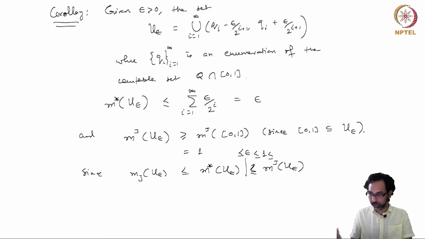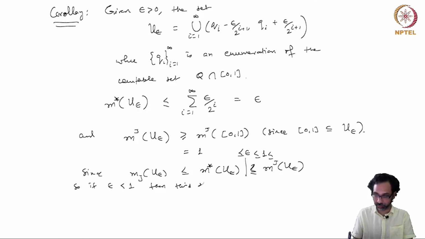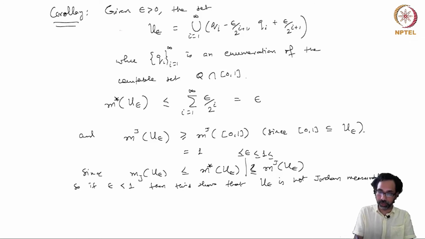So if you choose epsilon small enough, so if epsilon is strictly less than 1, then this shows that U epsilon is not Jordan measurable. So this is an example of an open bounded subset of R which is not Jordan measurable.